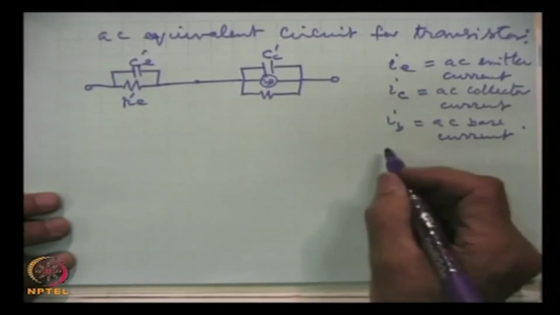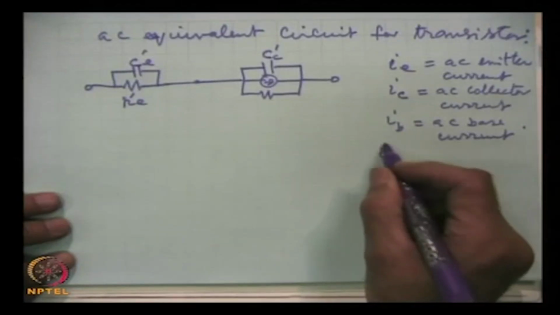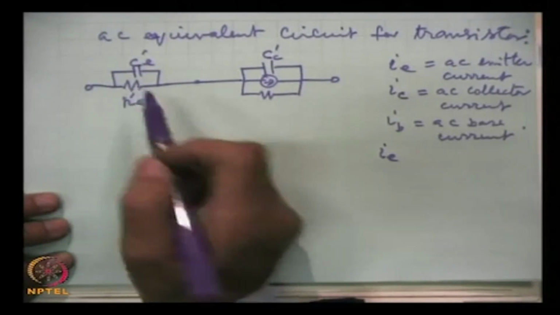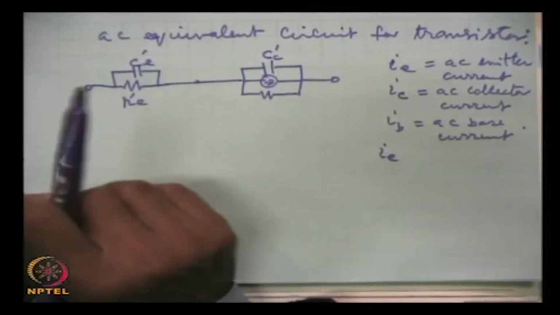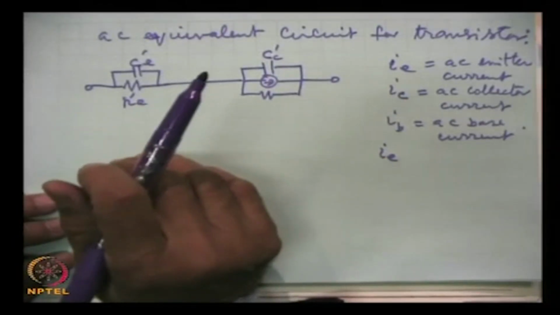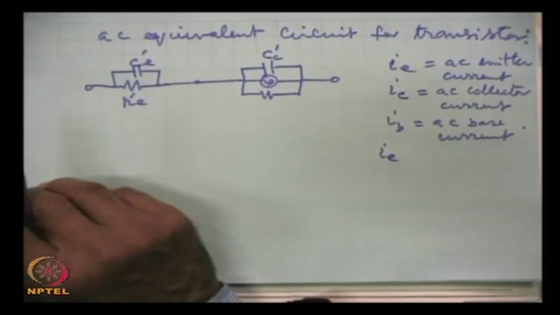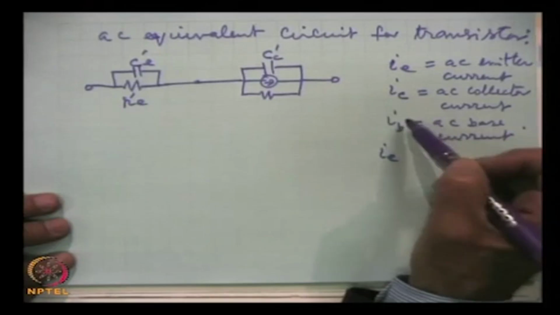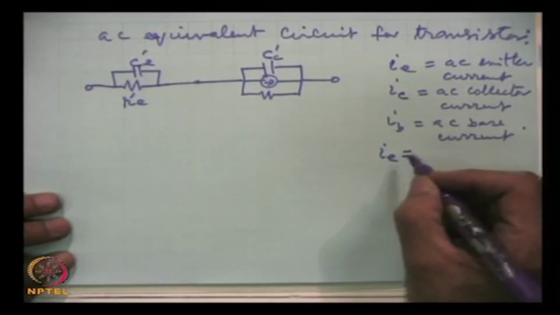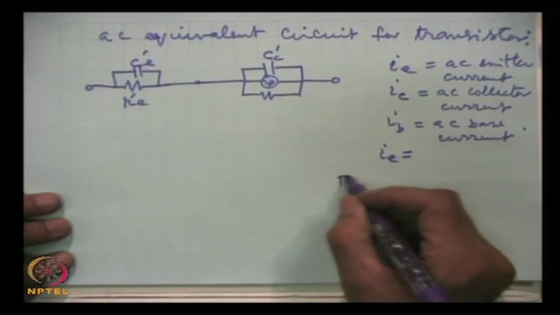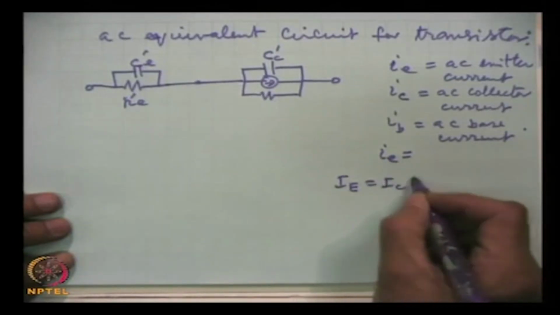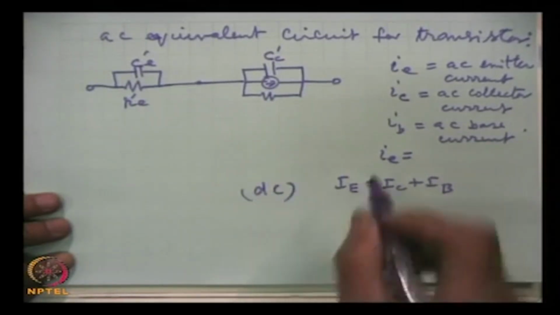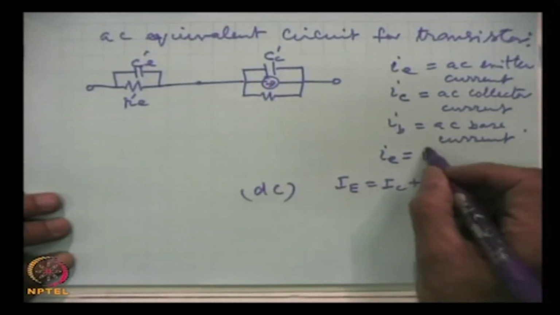And that relationship holds, that as the DC emitter current was divided into two parts, one goes to the recombination in the base region, which gives rise to base current, and the other gives the collector current, that continues. Similarly, this AC emitter current will be split in the two, and this relation still holds, as we have written for the DC case, I E equals I C plus I B. This is for direct current, and for the AC case we can write a similar relation.